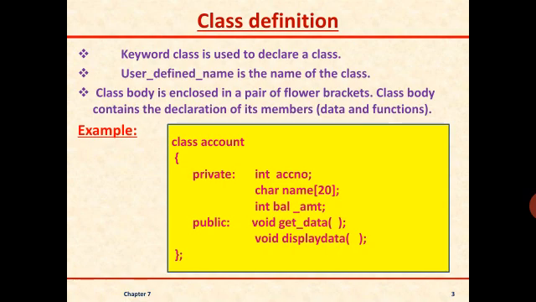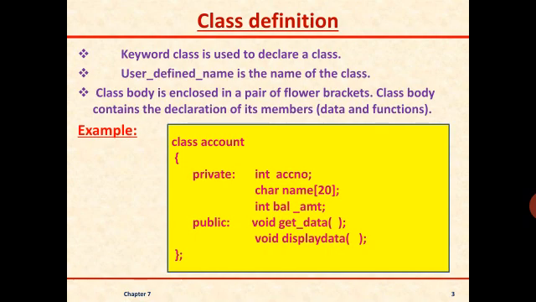Let us have here one example. Say suppose I want to create one class, say account. In the account class I have taken private members as well as public members. In private, I have taken the data members: account number, name, balance amount. These are the data variables.